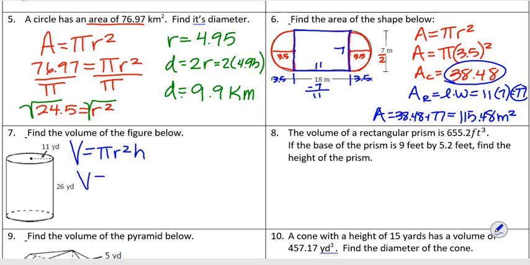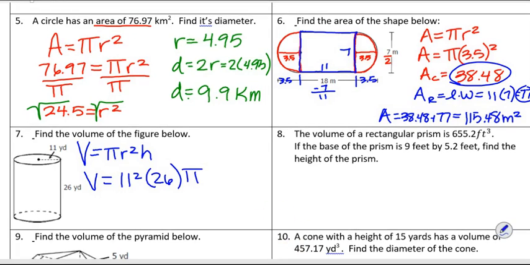So the volume is equal to 11 squared times 26 times pi. So our answer is volume is equal to 30,146 pi, or approximately, if we multiply that by pi, 9,883.45, and this would be yards cubed.